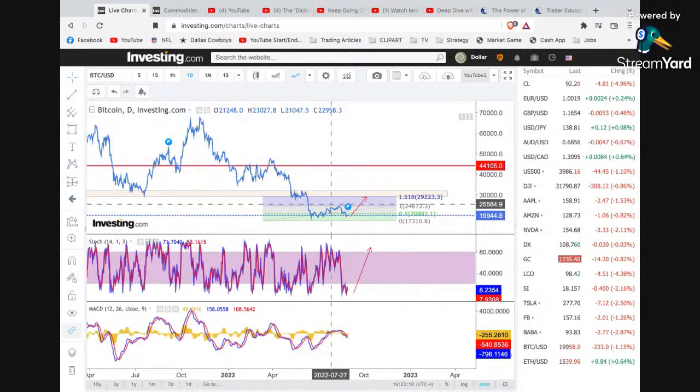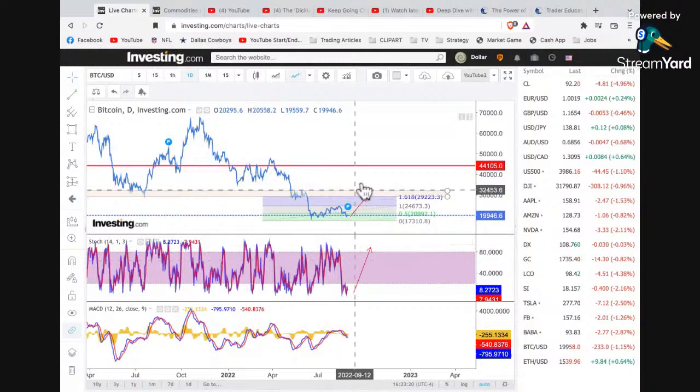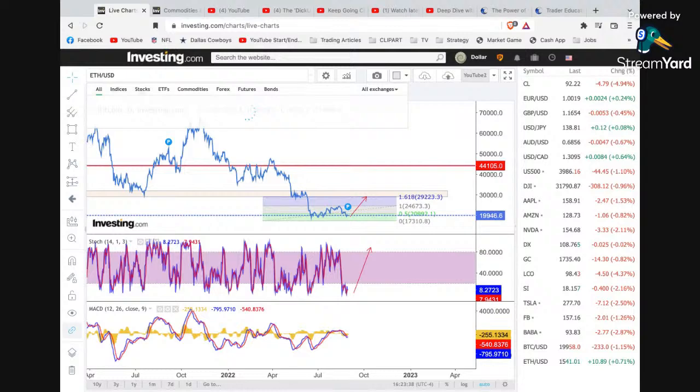Ethereum futures is what I'm trading, and I am currently long as of this morning, around noon-ish, long Ethereum, to go to that area that I discussed. Go back to it.